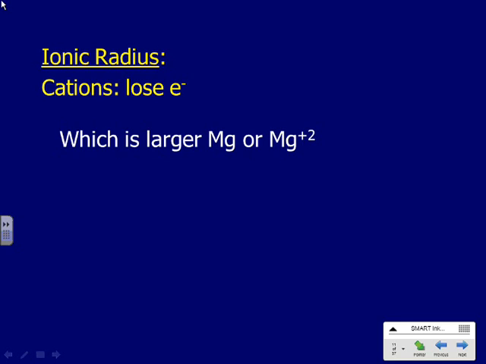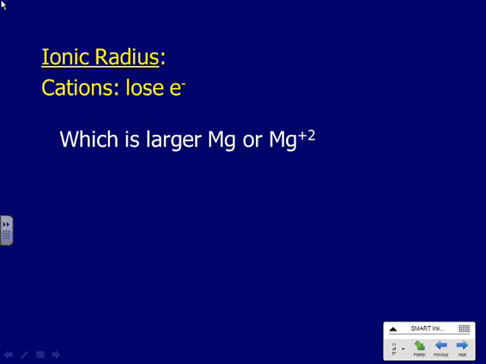What had to happen to our magnesium to make it become magnesium plus 2? What did it do? William? It had to lose 2 electrons. But not only did it just lose 2 electrons, in the process of losing 2 electrons, what else happened? Yep. It lost the outer orbit. And so, which is larger, a magnesium atom or a magnesium plus 2 ion?